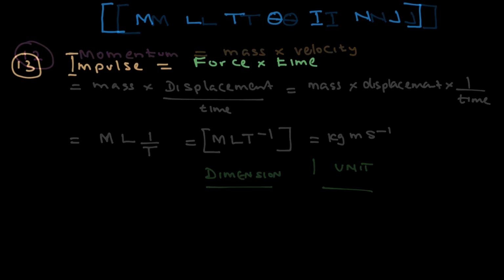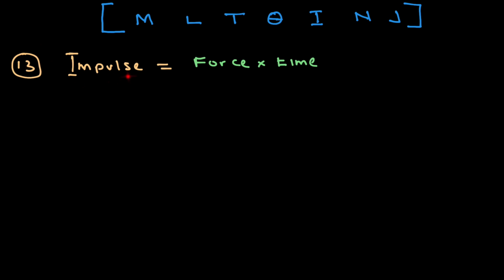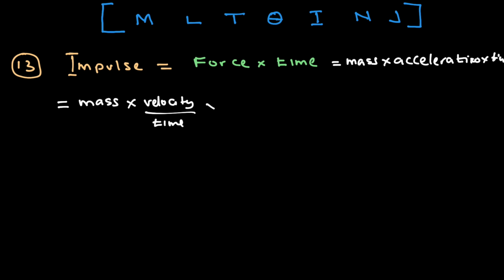Number 13, impulse equals force times time. So now we need to write what force is, and that is mass times acceleration times time. So impulse is mass times acceleration, which is velocity over time, times time. So we can see acceleration here is velocity over time.